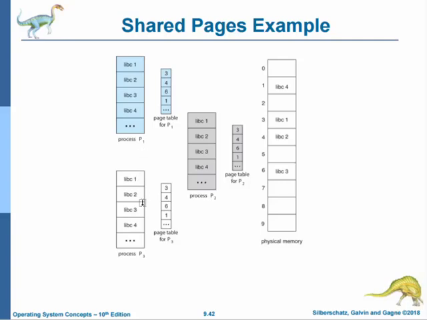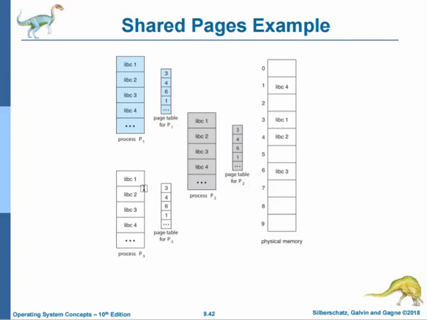Thus, 2 or more processes can execute the same code at the same time, and each process has its own copy of registers and data to hold the data for the process execution. So the data for 2 different processes will be different.